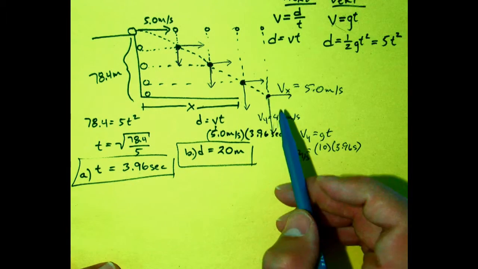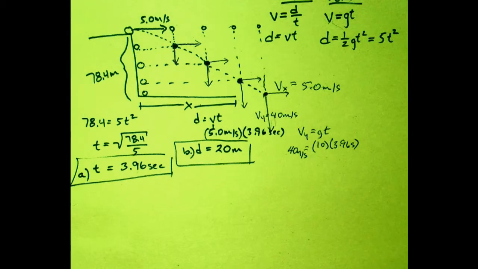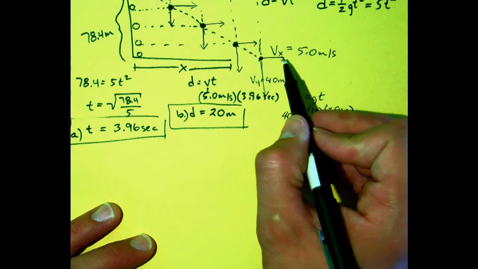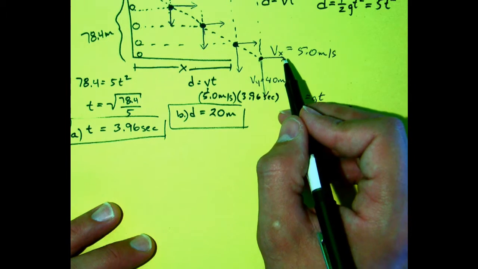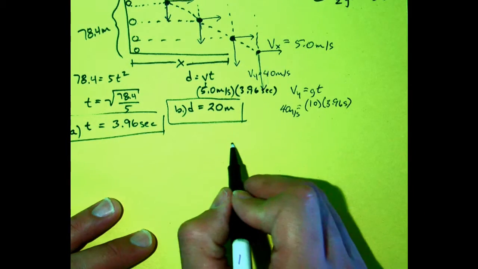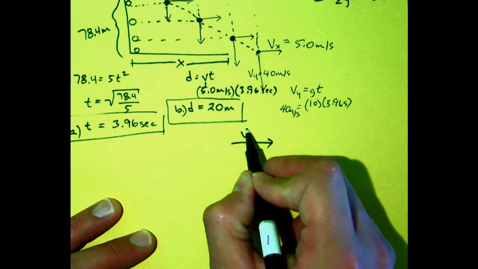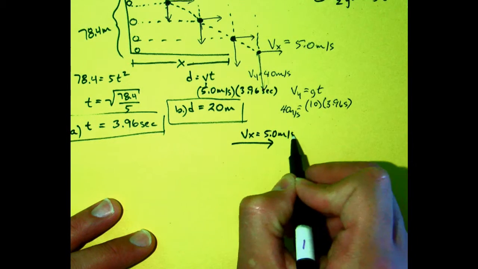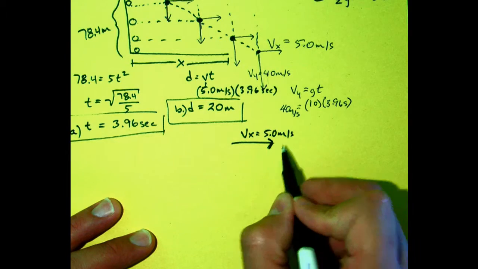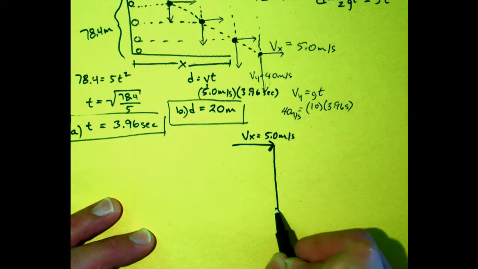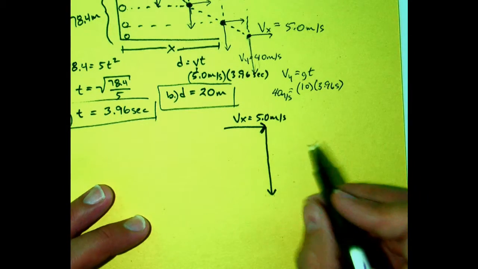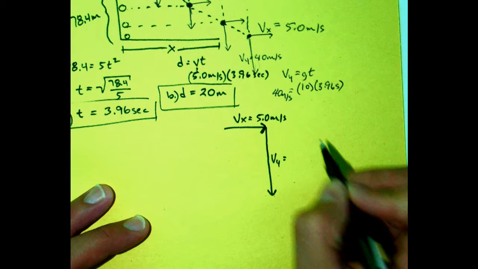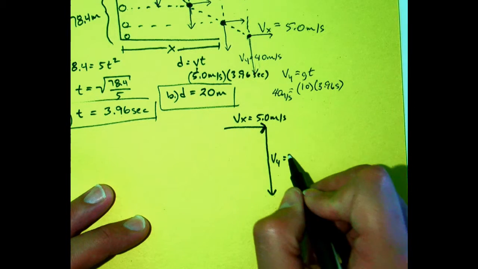So I can take my vectors and use that head-to-tail method, where the head of one of these has to connect with the tail of the other one. So I can move these. I'm going to show you down here. Here's my horizontal component. We said was 5 meters per second. Here's the head of one arrow to the tail of the other arrow, which was my vertical. So vertical component we just solved to be 40 meters per second.